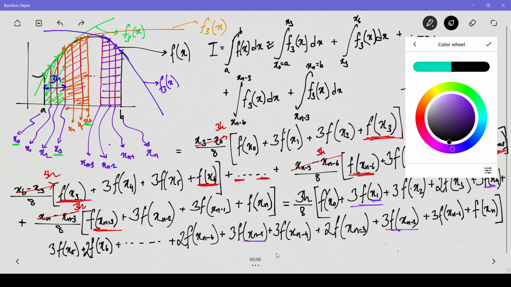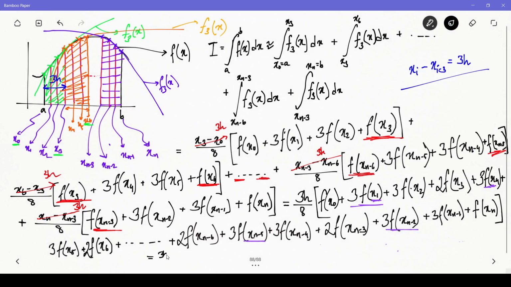So firstly, what do we have here? We have 3h by 8. This whole thing has been factored out. We have f of x naught plus, so we have seen that 3 times summation of f of xi, or functional values of xi, where i starts from 1 and ends at n minus 2, right?